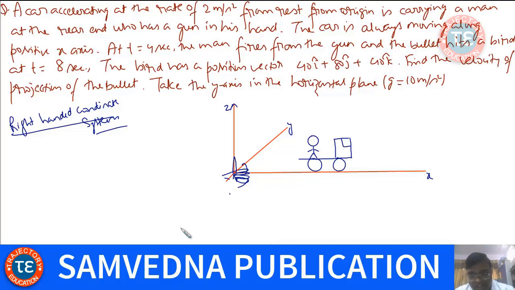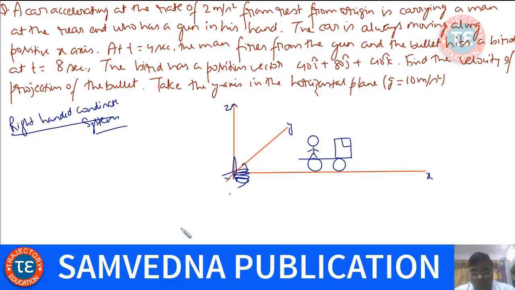See, the whole world has come to a consensus to use a right-handed coordinate system. We had an option to be right-handed or left-handed, but the whole world has agreed on this convention so that there is no confusion. Conventions are made to standardize the subject.